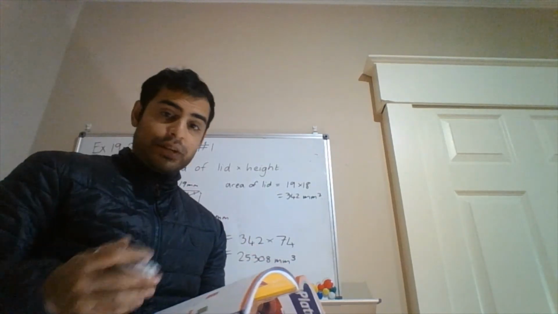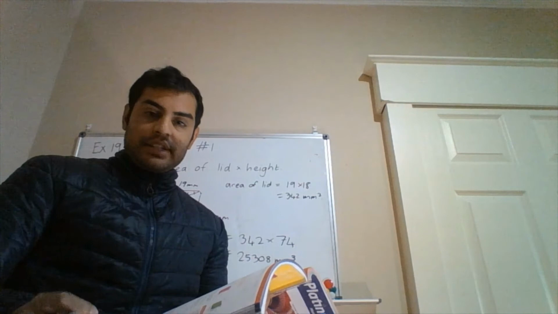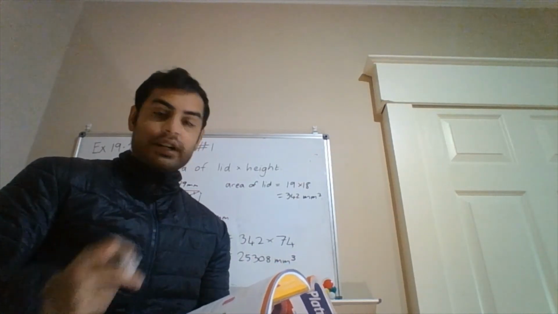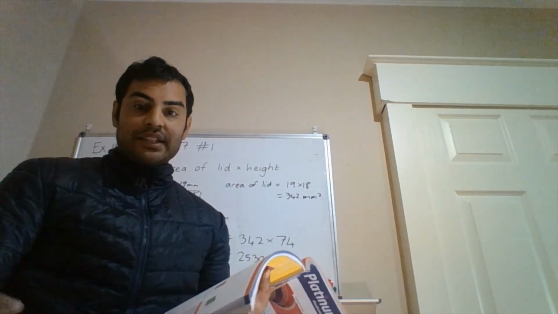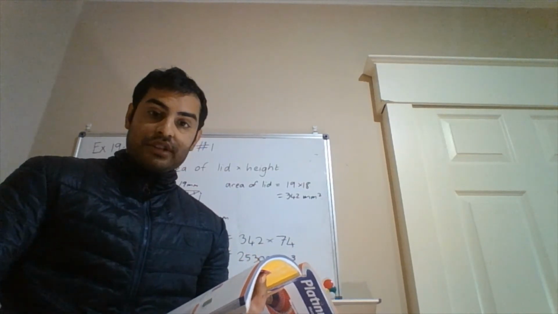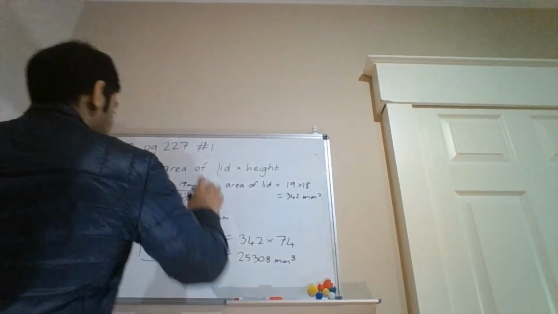Okay, so it should be fairly straightforward now. We're not really doing anything crazy in terms of the shapes. We're just dealing with the basics, circles, squares, and now we're going to move on to triangles. So the last shape is a prism.